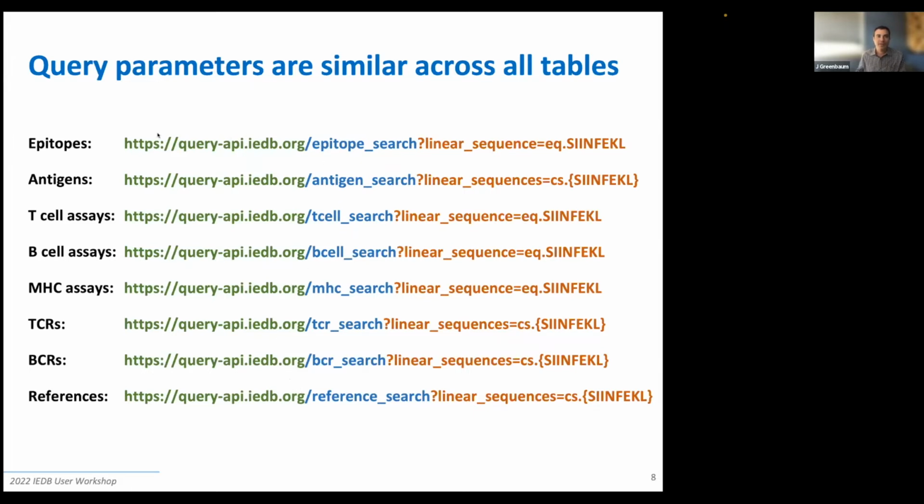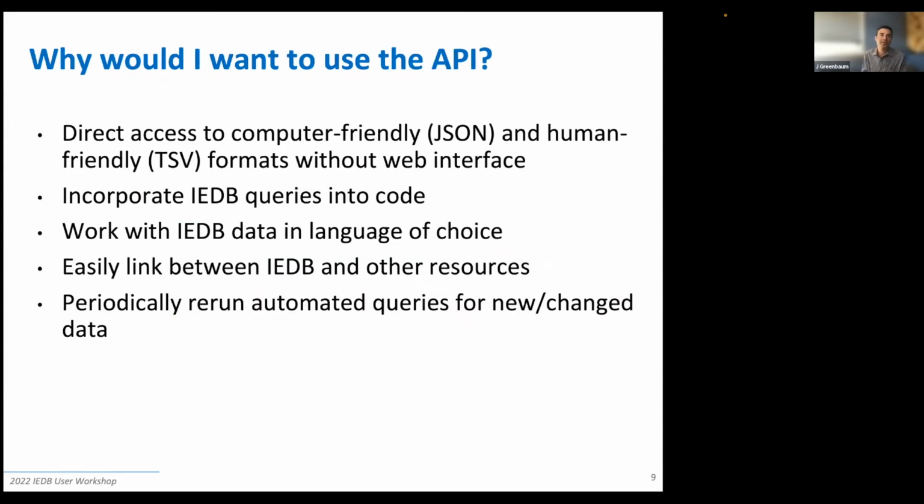So for instance, if we're searching the epitopes table for the linear sequence, the only thing we need to change to get the related information in the antigens table is that we're searching instead this linear sequences field for records that contain the sequence. It's really similar syntax across all of the different tables, so that provides some convenience.